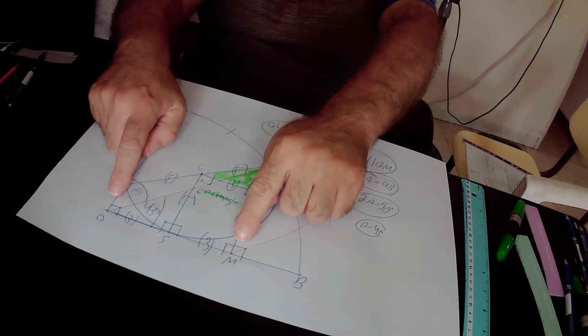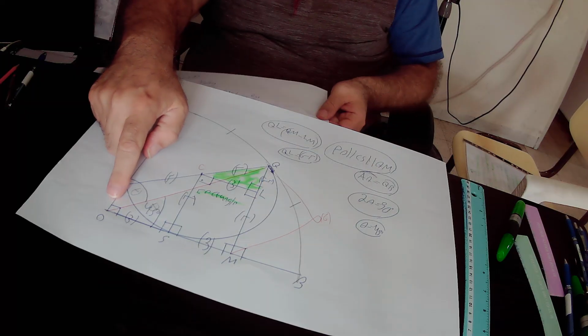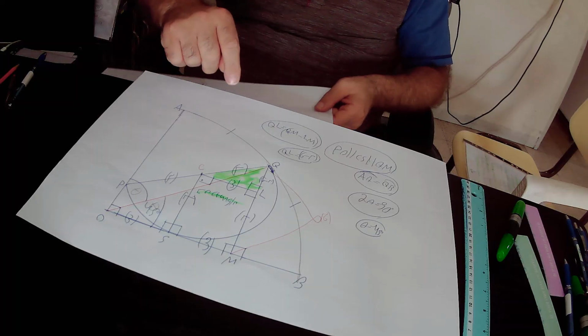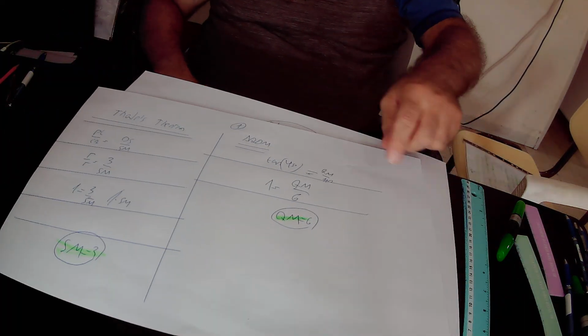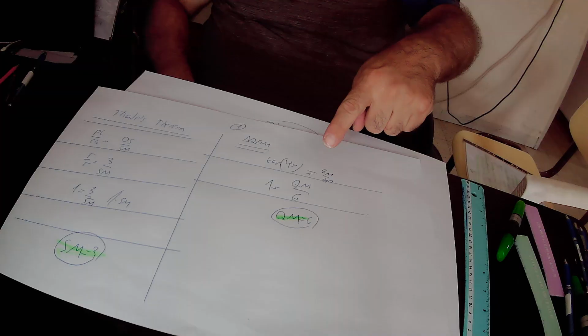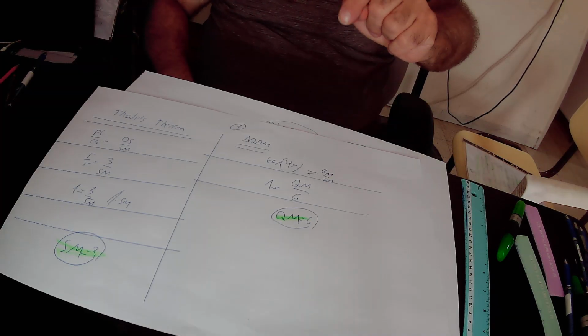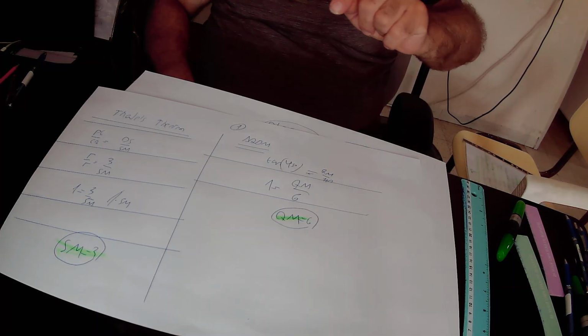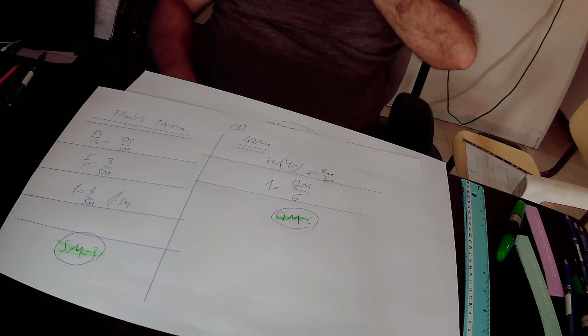MO is 6, but I'll prove that MO is 6. So we substitute that: 1 equals QM over 6. We multiply this equation by 6 and find out that QM equals 6 units in length.